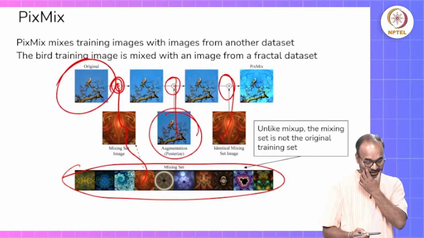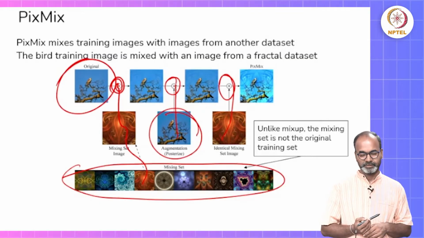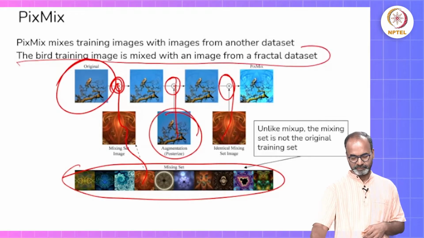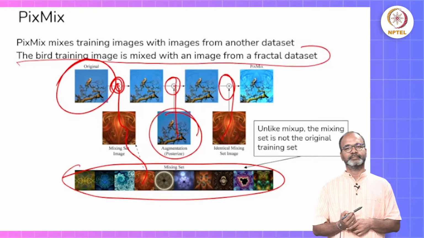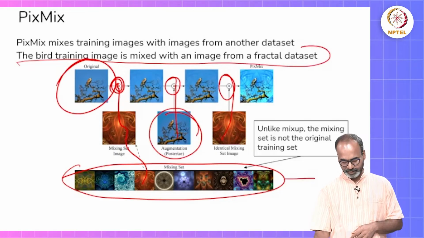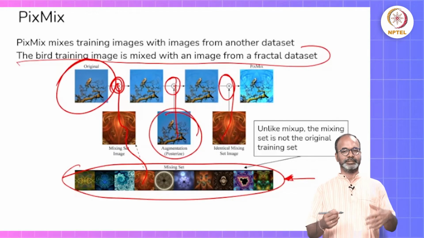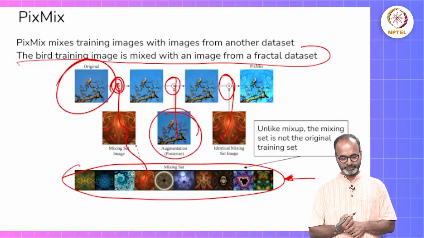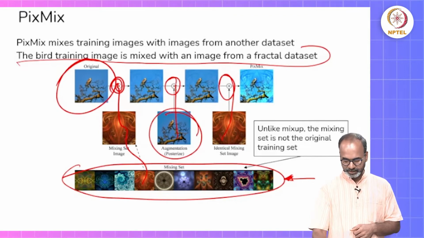PixMix mixes training images with images from another data set. The bird training image is mixed with an image from a fractal data set. Right, so here is the fractal data set. These are random images that can get added to the augmentation methods. Unlike Mixup, the mixing set is not the original training data set.